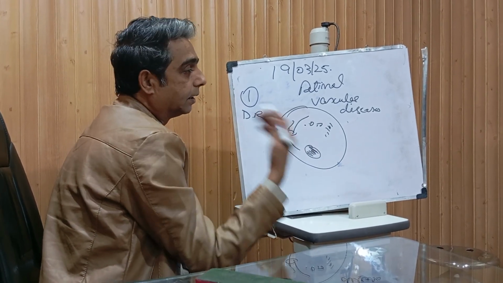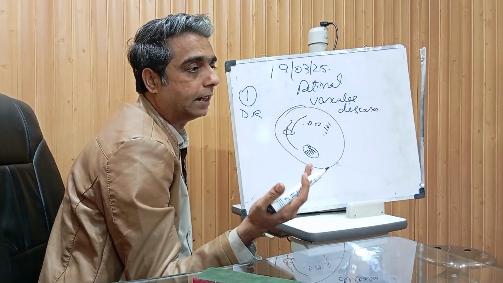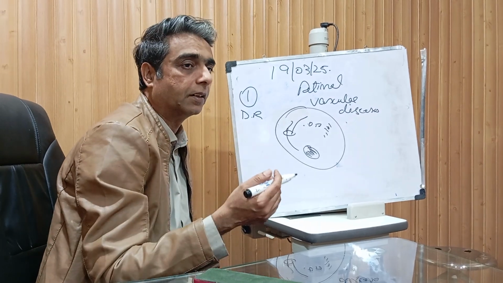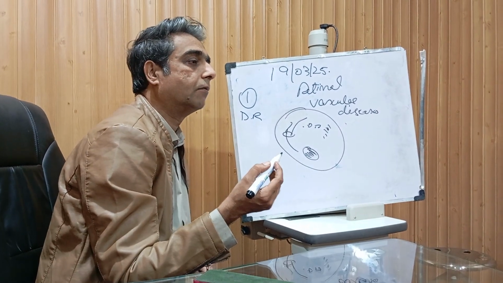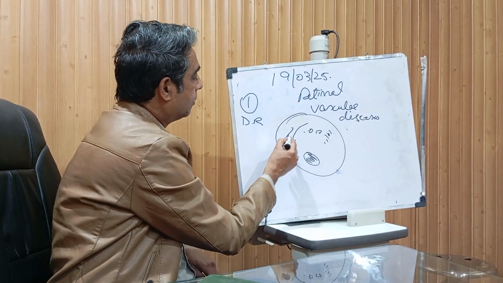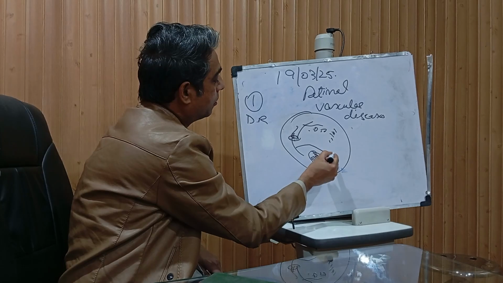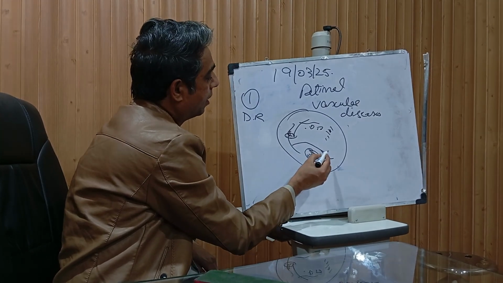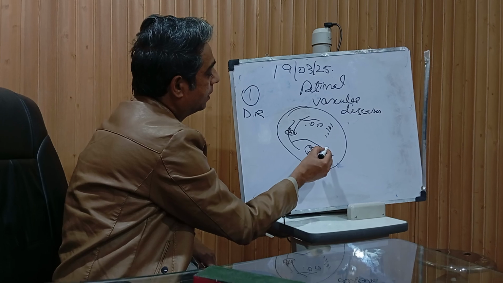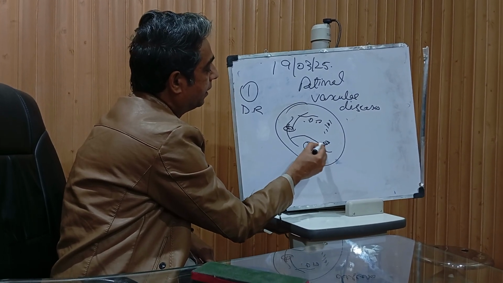In the third stage, hypoxia occurs, and it creates angiogenic factors, and in response to angiogenic factors, new vessels are produced. New vessels at the optic disc are created, and new vessels may also be created at the branches of the blood vessels, for example somewhere here.